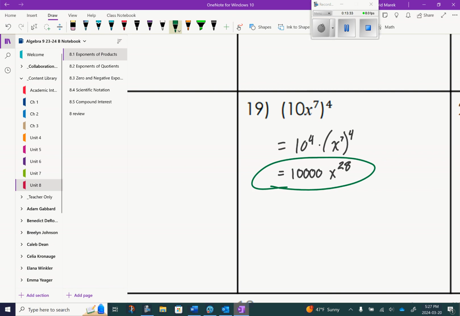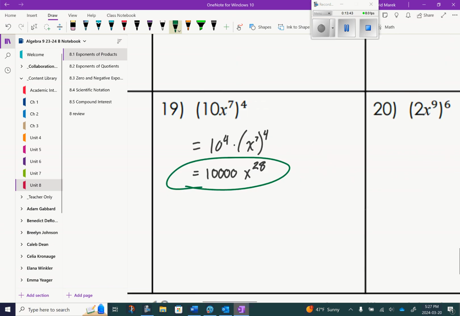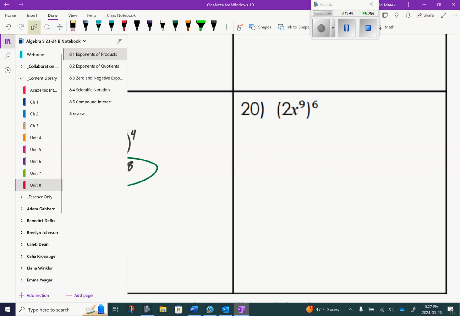So again, 4 times 7 is 28. So that is 10,000 x to the 28th. And for our last one here, again, we should have 2 to the 6th times x to the 9 to the 6th power.